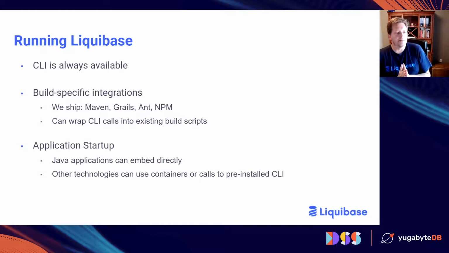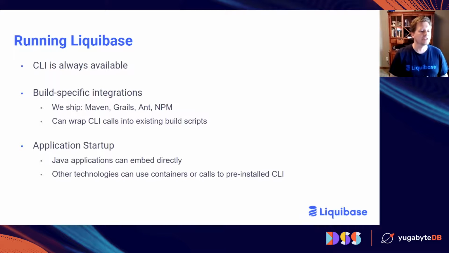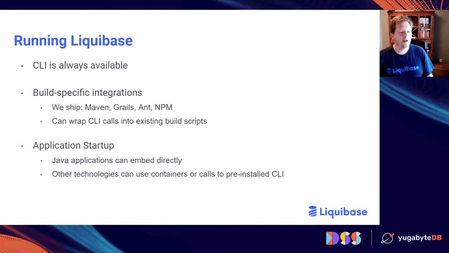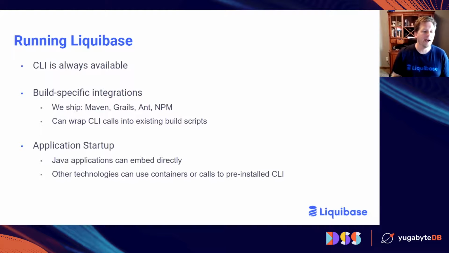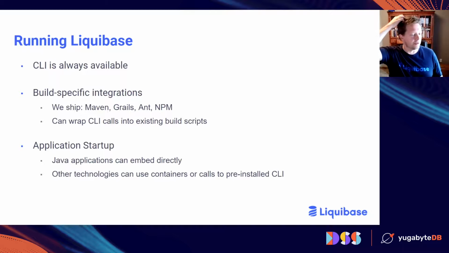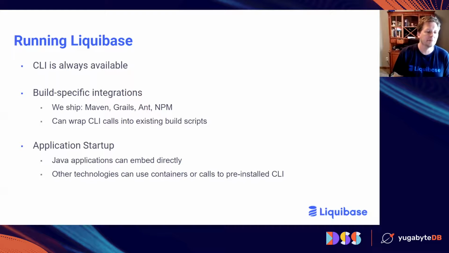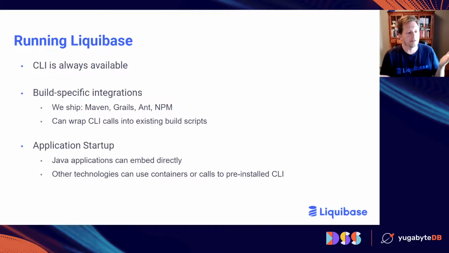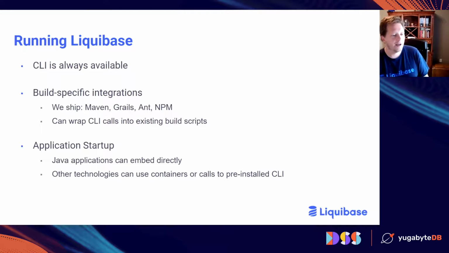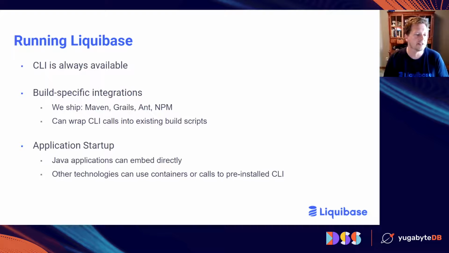Another common pattern as well is to build Liquibase into your application startup. Because we're a Java library, we have an API that lets you embed Liquibase directly into your startup, directly into your program. If you're using other technology stacks, you can use things like our Docker container or make calls out to the pre-installed CLI.